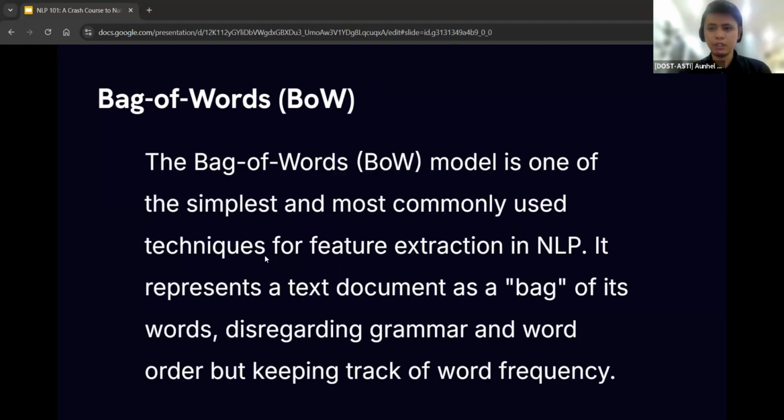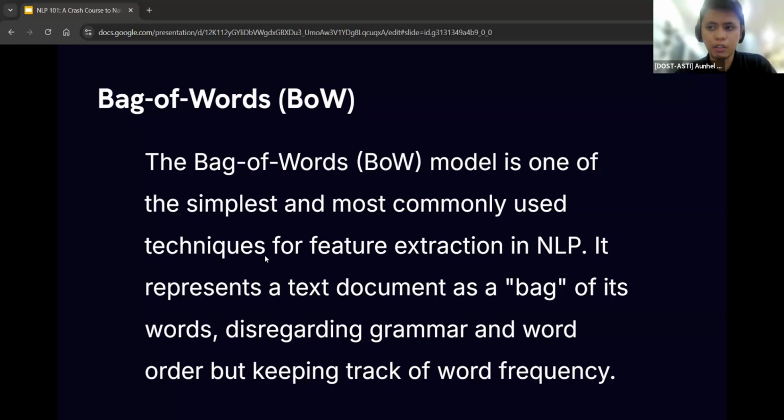An example of this is what we call BoW, or bag of words. In bag of words, the text document is represented like a bag of all its words. We disregard grammar and word order, but we keep track of the word frequency. We extract all the unique words in the corpora and throw them into what we call a bag. That's our vocabulary.